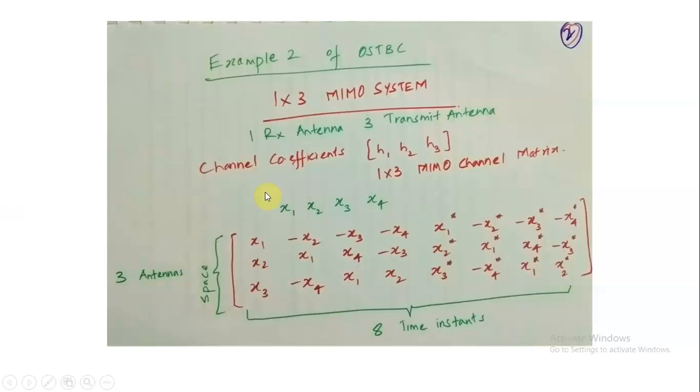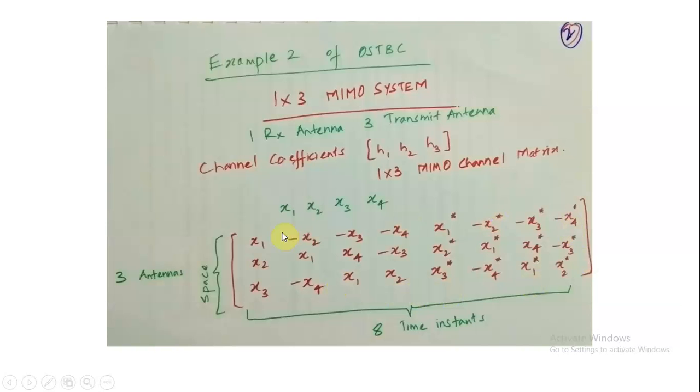Here we have an example in which we transmit four symbols x1, x2, x3 and x4 in 8 time instants through three transmit antennas. There is a very special relationship between blocks of data. As we have three transmit antennas and one receive antenna, the channel vector h should contain three scalars h1, h2 and h3.